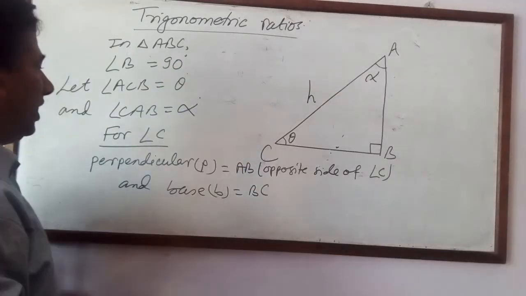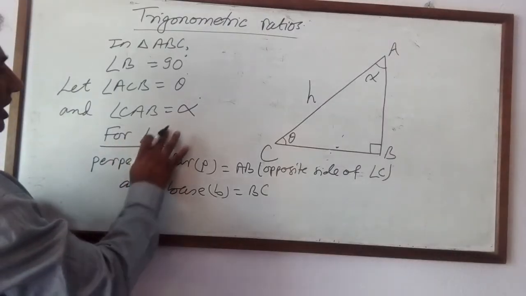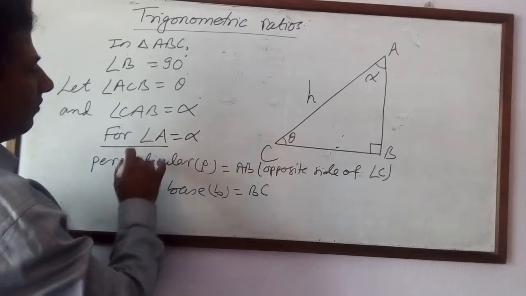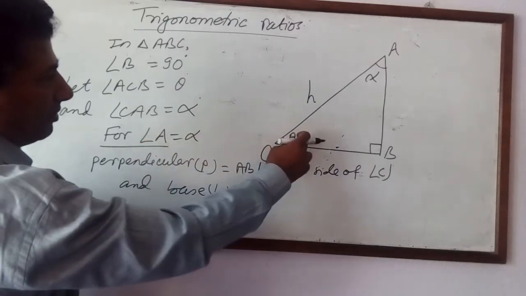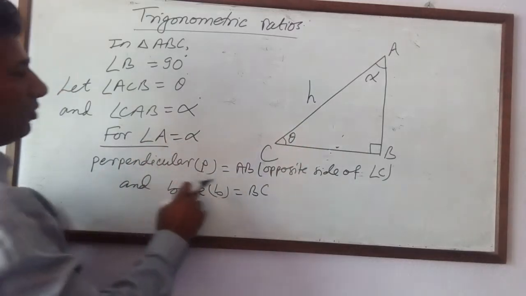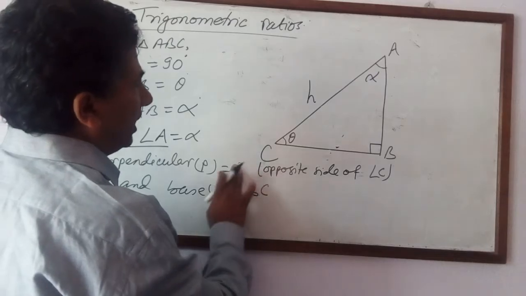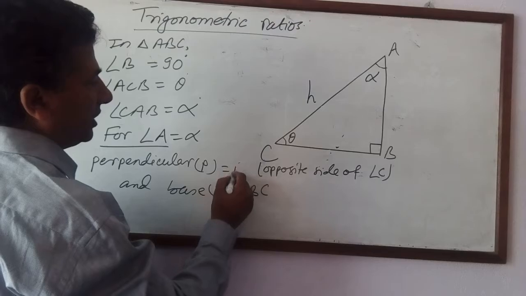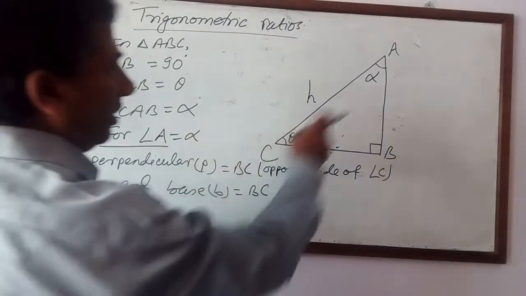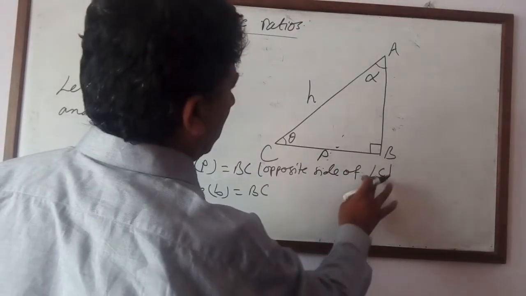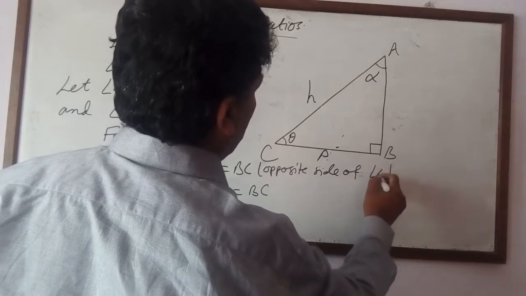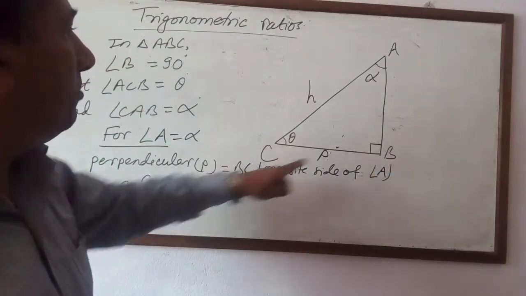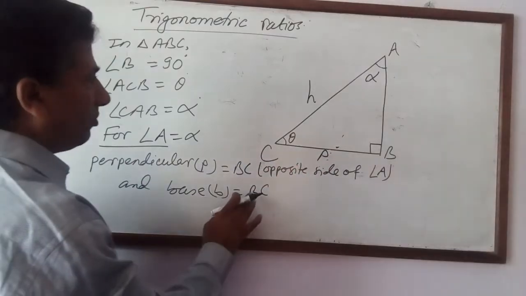Now for angle A, which is alpha, with C being theta, the perpendicular P will be the opposite side of A, which is BC, and the base will be AB.